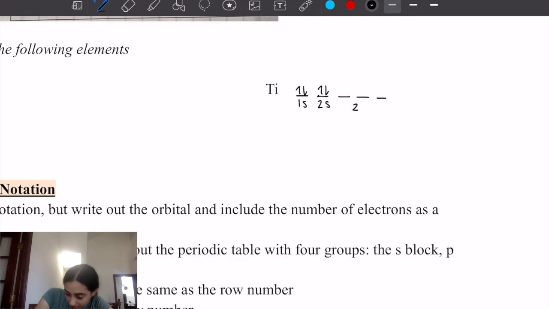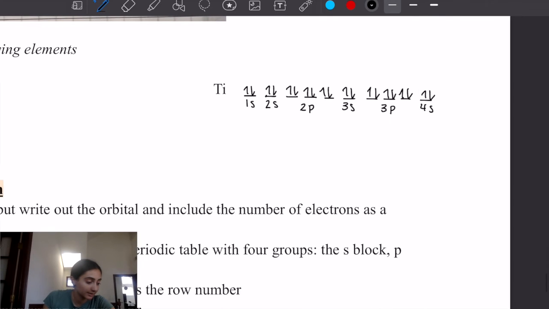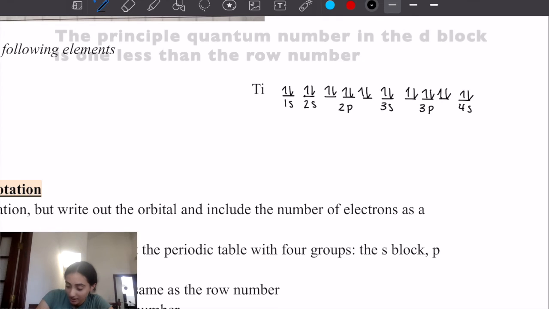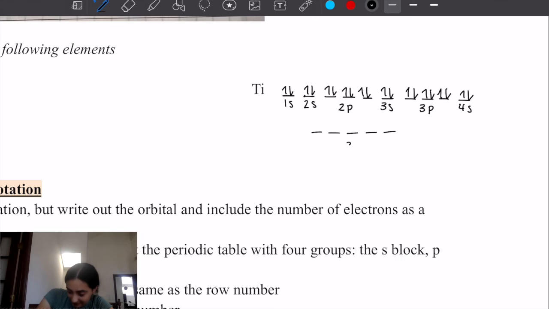Then we have 2p, then 3s, then 3p, then we have 4s, and we then have 3d because the d block is 1 less than the s block in terms of the principal quantum number. So I'm going to write that down here. And there are only 2 electrons in that orbital.